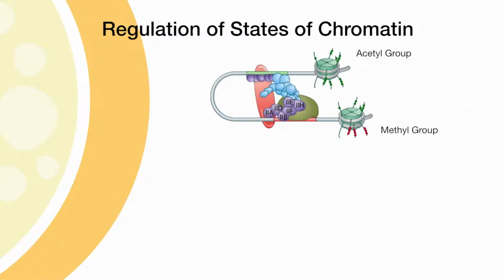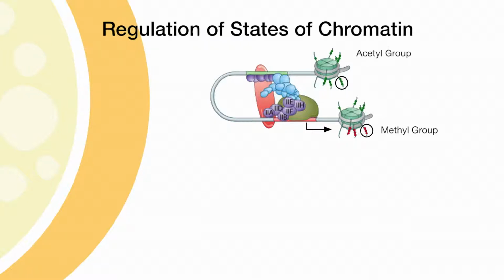How specifically are these states of chromatin regulated between condensed and loosened configurations? Gaining access to DNA for transcription requires an open promoter region, which means the nucleosome assembly of histones has to be loosened or unwound. This is accomplished by adding and eliminating small organic groups to the nucleosome, specifically methyl and acetyl residues, which are transferred to and from the tail regions of individual histone proteins.